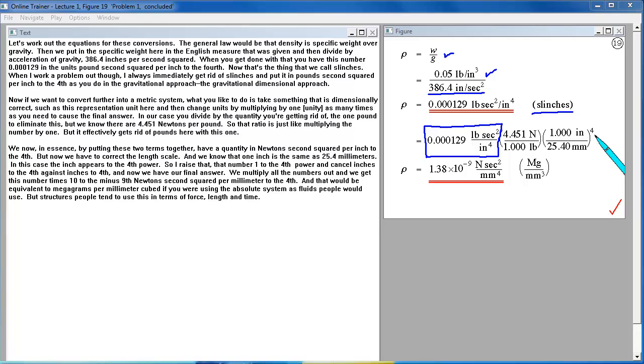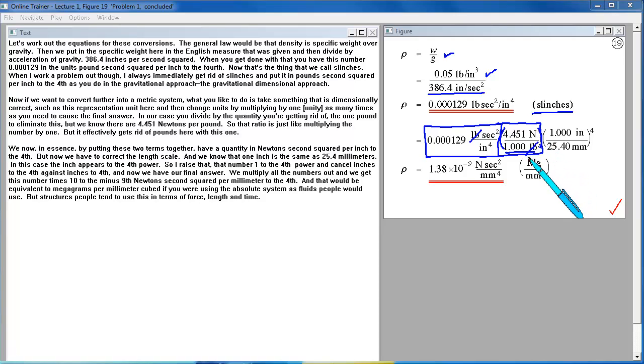In our case, you divide by the quantity you're getting rid of, the pound, and we know there are 4.451 newtons per pound. That ratio is just like multiplying the number by 1, but it effectively gets rid of pounds.